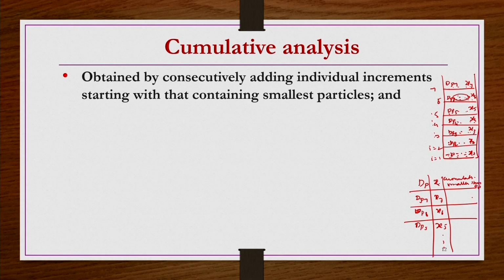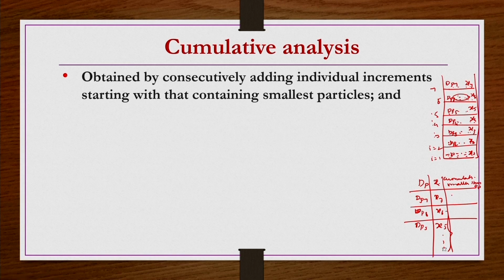So, now what should be the number here? The cumulative fraction smaller than dp_7. So, this is dp_7 having fraction x_7, and then dp_6 and dp_5 and all of them are having the smaller opening, because the coarsest one is at the top, we arrange screens in such a way. So, whatever the fraction other than this column, this entire thing, they are all having size smaller than dp_7. dp_6, dp_5, dp_4 and all that are having size smaller than dp_7, dp_7 is the largest one.